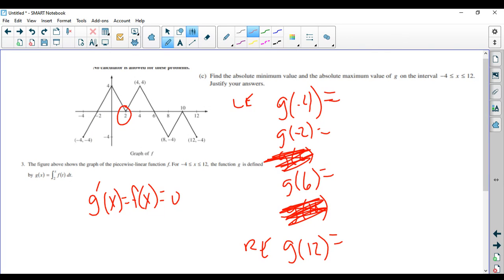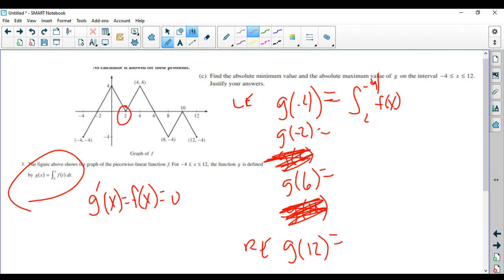So G of -4 is, by this definition, the integral from 2 to -4 of f of x. And that's just a simple integral. Starting at 2, you're going to -4. It's going to calculate areas.